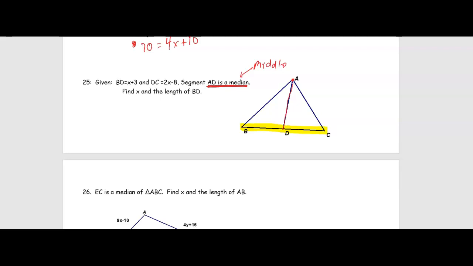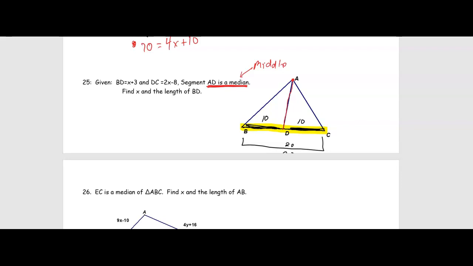So if this was 20, which it's not, but let me put the 20 here. If it was 20 and the median gets drawn in, that means this would have to be 10 and this would have to be 10. It basically cuts it in half, so that this segment here and this segment here have to be equal, have to be congruent. They have to have the same length.